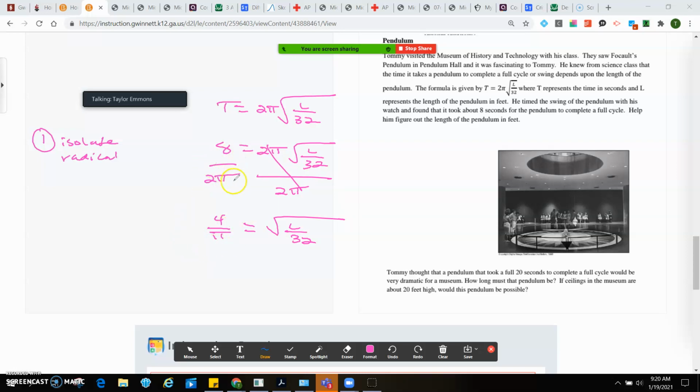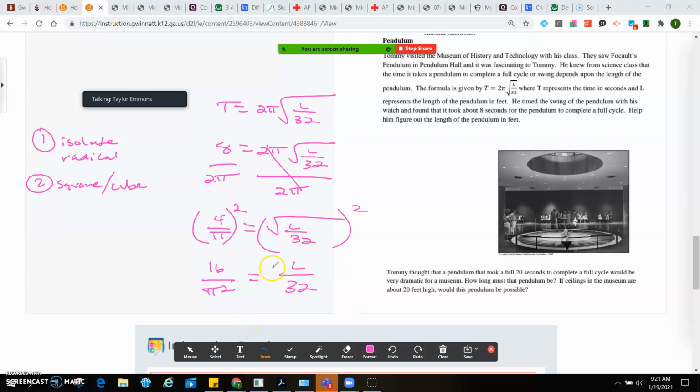I'm just going to keep it like this. If you plug this in, you're going to get a decimal. I personally don't like decimals. I like keeping it in fraction form. And then you're going to square both sides. So our second step was to square both sides or cube it. Okay, so that'll give me L divided by 32. And when we square 4 divided by pi, we're going to get 16 over pi squared.